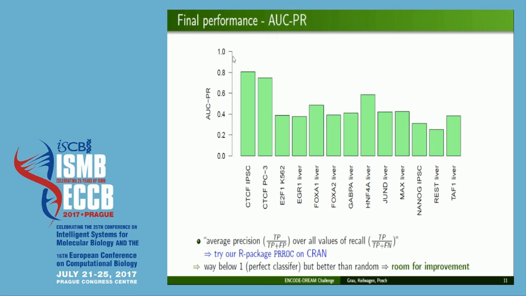So there are exceptions like CTCF, where we still score quite well, but for the majority of transcription factors, we are way below 1, and so there is still much room for improvement. And if you would like to also assess your imbalanced classification problems by the area under the precision recall curve or the curves themselves, you could try our package, which is available from CRAN.